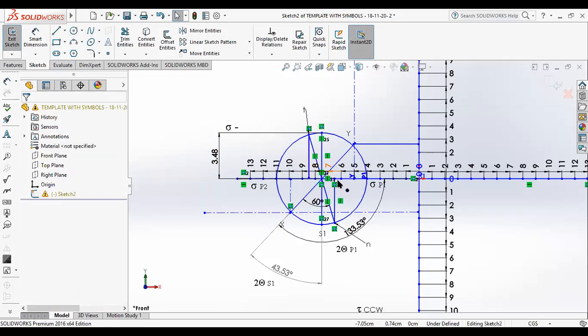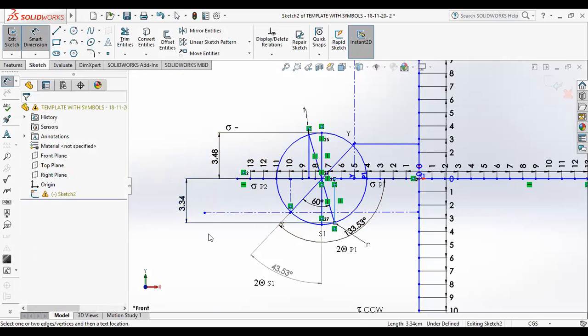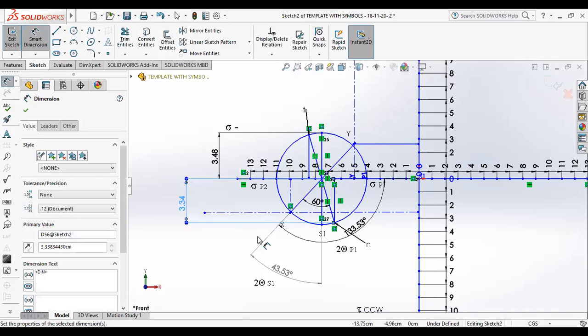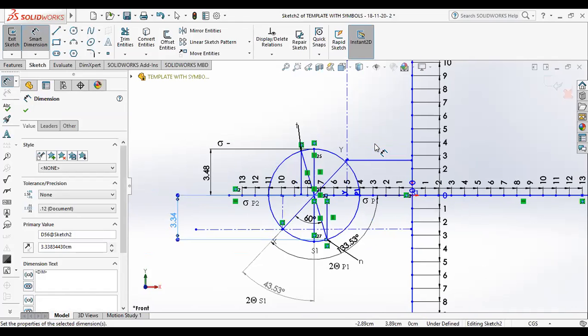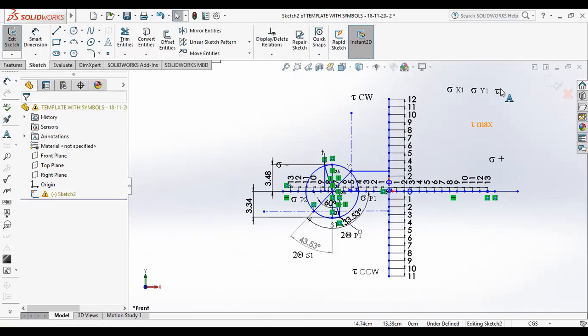Measure the magnitude. You can measure this surface. This is your tau dash, or tau 1. I indicate it as tau 1.